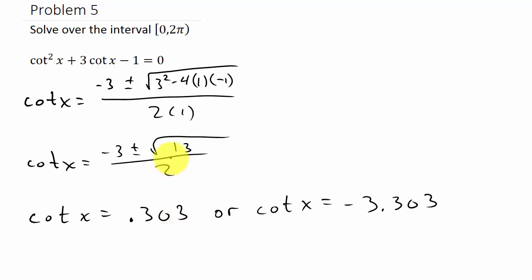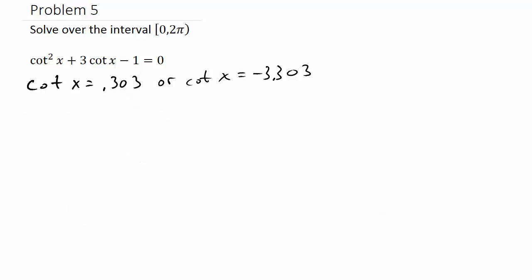I'm going to erase this and move these up here just to give us some more room. I'm going to pause the video while I do that. Alright, so I'm back. We get cotangent x equals 0.303, or cotangent x equals negative 3.303. And I would encourage you, when you do something like this, to keep all the decimal places. I wouldn't round anything. I'm just rounding for the video.